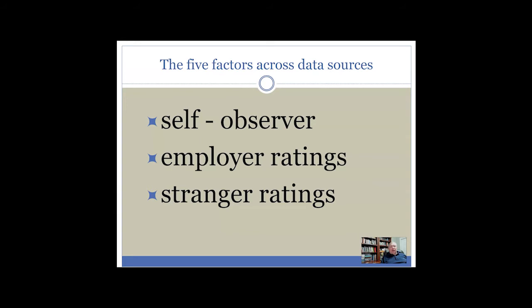Agreement between self and observer is fairly robust for the big 5. Also, employer ratings, as I mentioned earlier, are consistent with self-ratings of the Big Five.